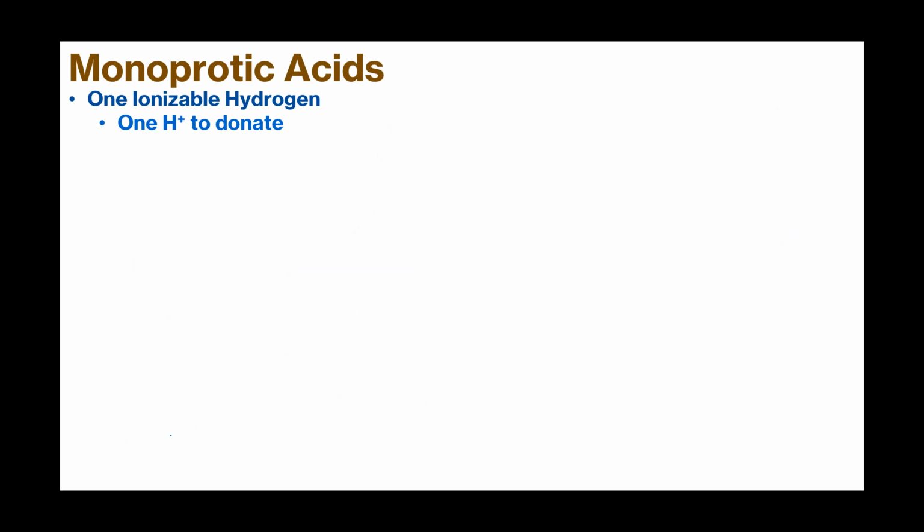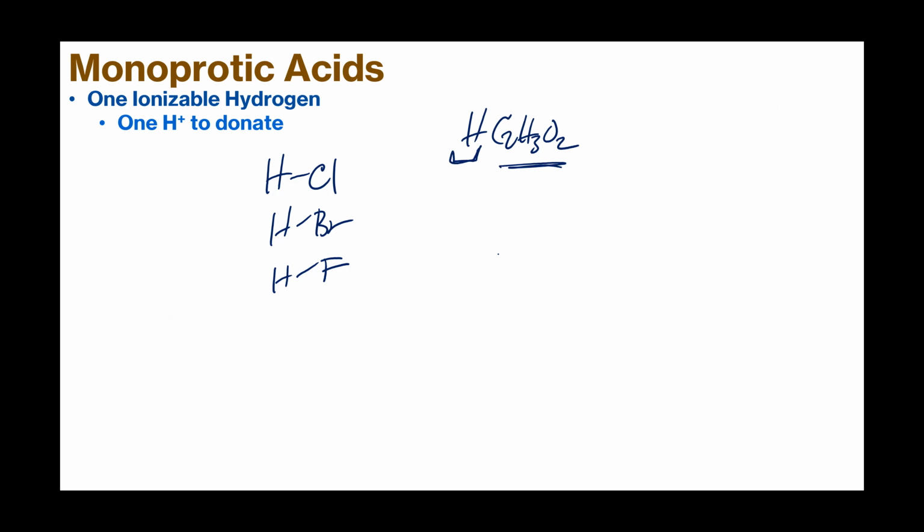Most things that we've looked at up until this point are what we call monoprotic acids, meaning they have one hydrogen to donate. So we saw HCl, HBr has one hydrogen, HF has one hydrogen. Acetic acid too. Remember the H in the front is the acidic hydrogen. The rest of this stuff on the end is not.